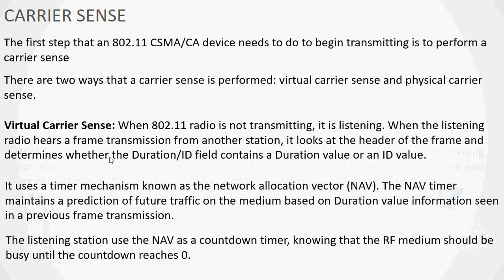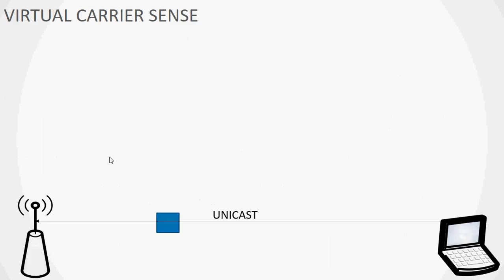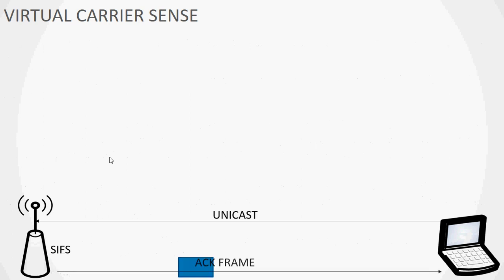The listening station uses the NAV as a countdown timer, knowing that the RF medium should be busy until the countdown reaches 0. So it will set a timer, the timer will keep decrementing, and once it reaches 0, only then will it send. That's how it prevents collisions. So a unicast frame is going, then it has a SIFS and an acknowledgement frame.